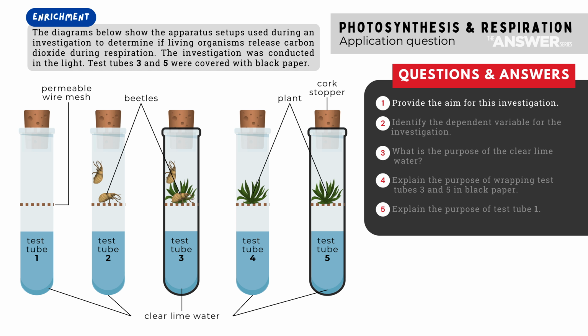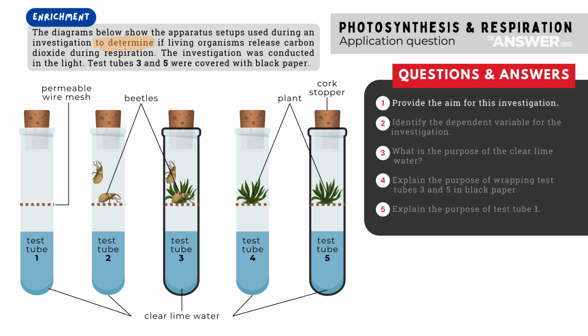Question 1. Provide the aim for this investigation. So we've already done this, but just remember that whenever you're confronted with a question regarding the aim, you go to the stem of your question and you look for a phrase that starts with the word "to". For example, to show, to investigate, or to determine.